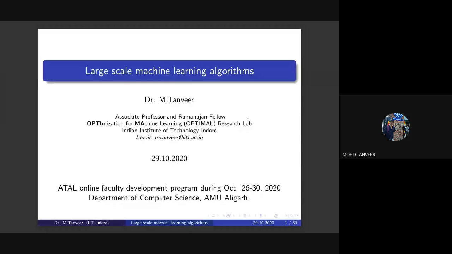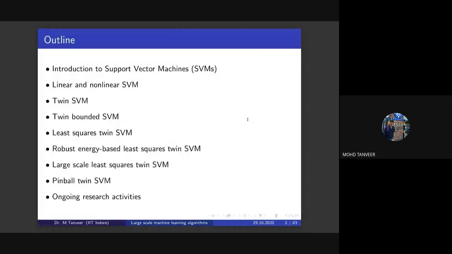The outline of this talk will be an introduction to support vector machine. This is one of the most important tools of machine learning for classification, and then regression, clustering and all. I would like to discuss this in detail: the linear and nonlinear cases, some advanced models of it, and then large scale models.